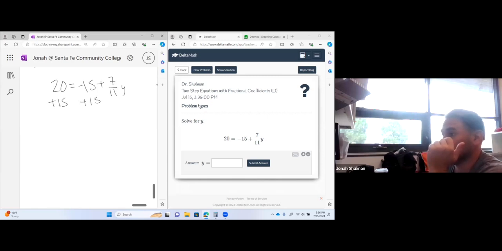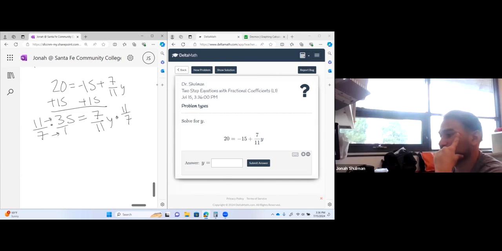Just going to make this 35 equals 7 over 11y. And I'm going to multiply by the reciprocal on both sides. And I'm going to do a trick. I could do 11 times this divided by this, but 7 goes into 35 5 times. So 55 equals y. There we go.